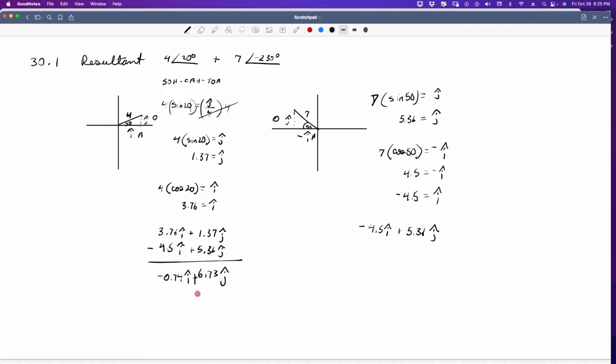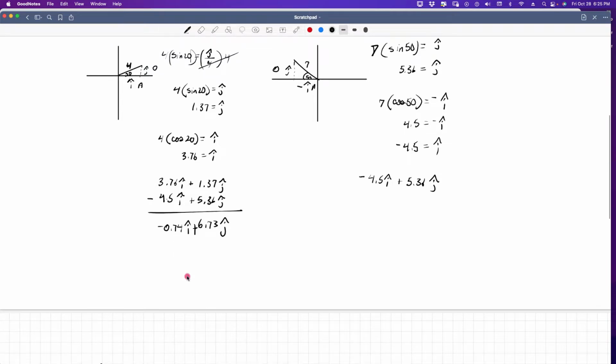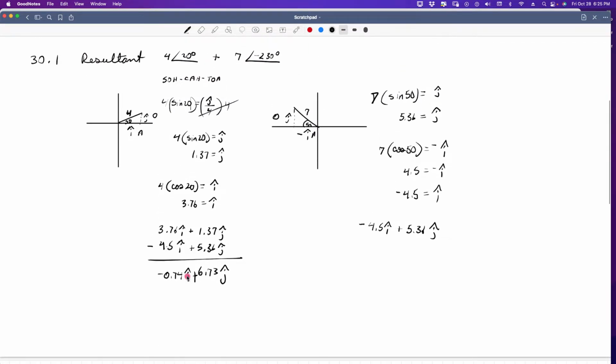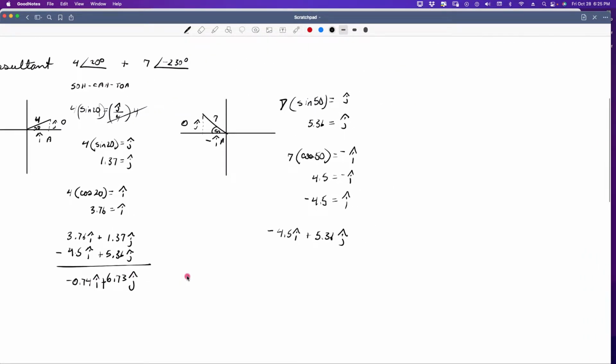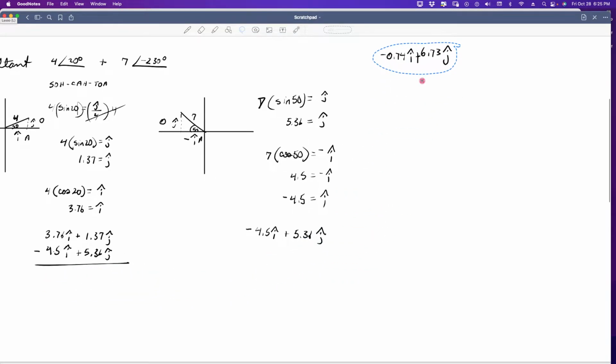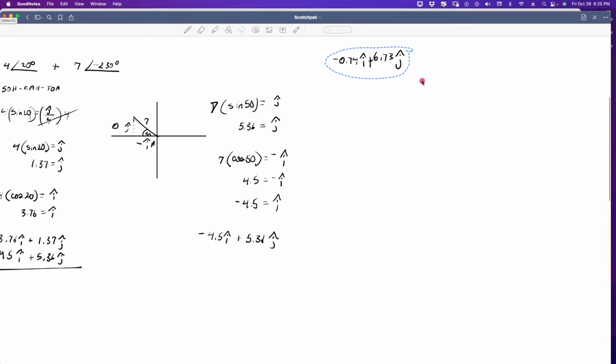So now what we need to do is convert this back into our polar coordinate. So we're going to take this and bring it over here and convert it. All right, so now we draw another little system right here, just like that.